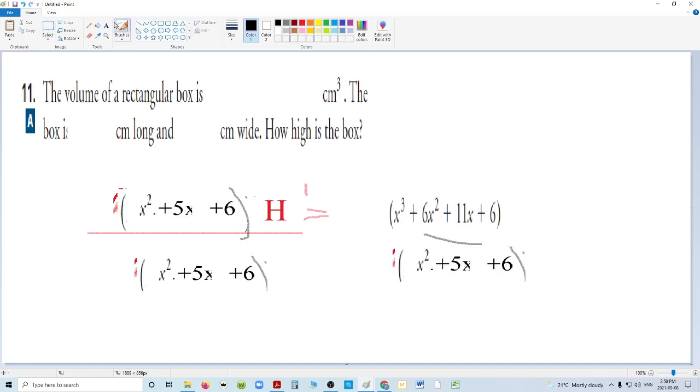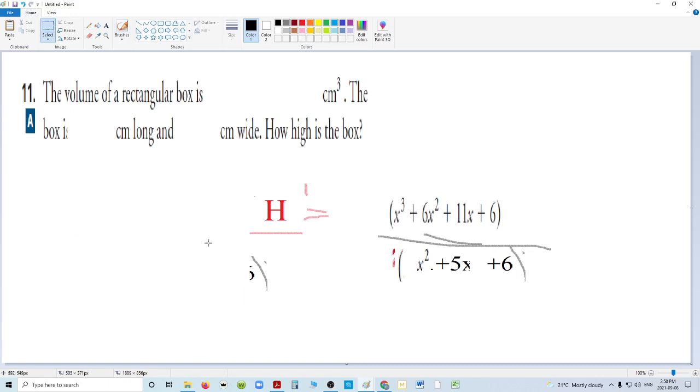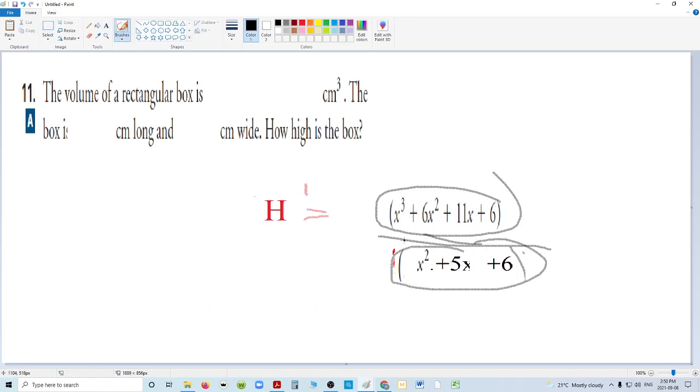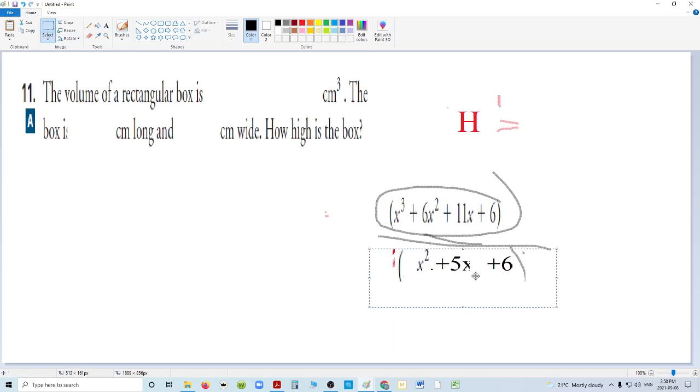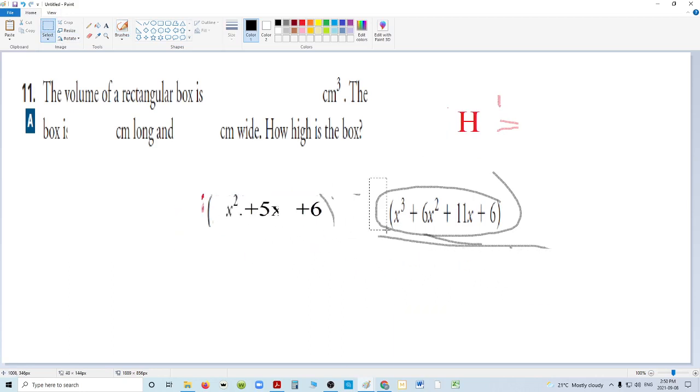Which means that, since this cancels out on the left, h is equal to the volume divided by the length times the width. In other words, if I long division that, I will get my height. Now, you could do synthetic division if it wasn't so complicated.